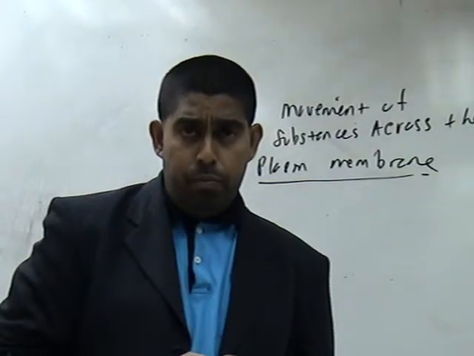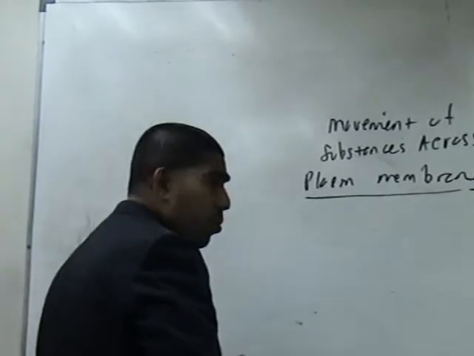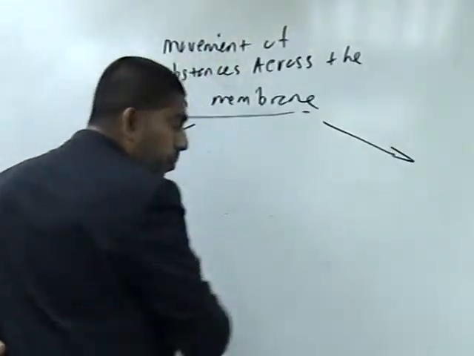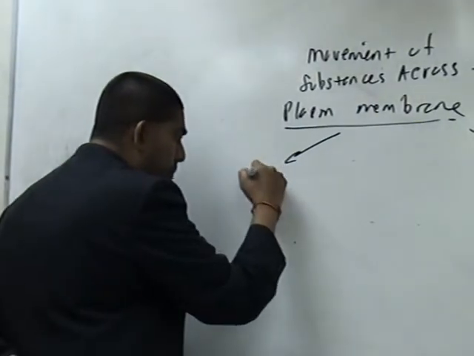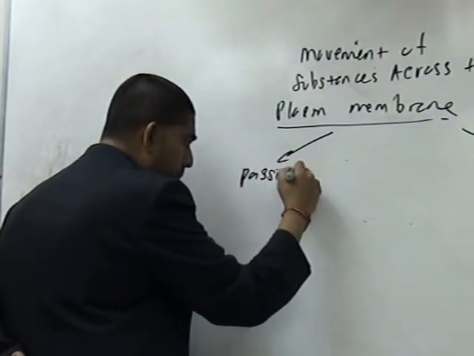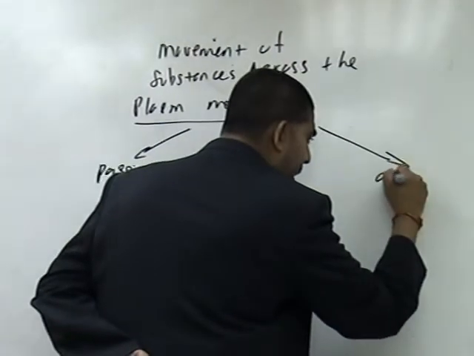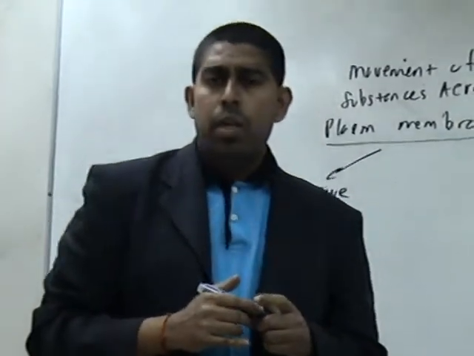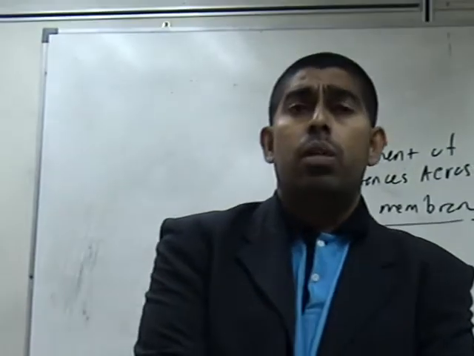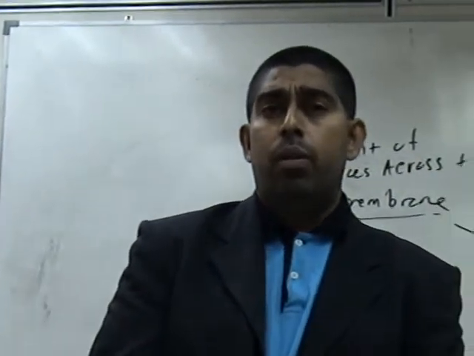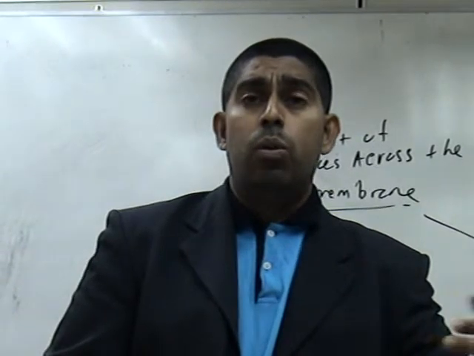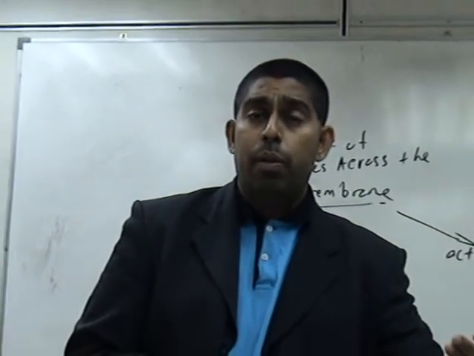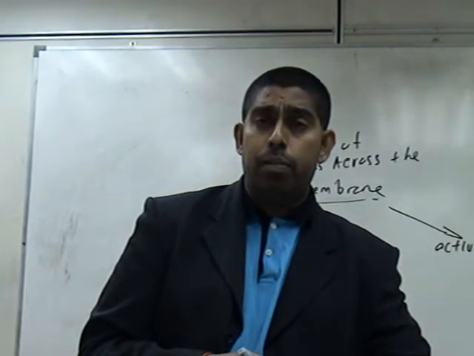Stay with me, alright? Movement of substances across the plasma membrane can be broken into two simple divisions. Number one will be passive. Number two will be active. Now what does passive mean, students? Imagine someone is passive. Normally someone who's passive will be very lazy. They won't move. They'll be in a particular place.